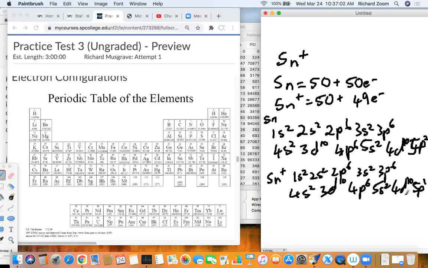What we would do is look only at this very last orbital, because all of these will have paired electrons up to that point. So all we have to do is really just do the 5p1 and see what we have. Now p is going to have three orbitals in it, and there's only one electron, so it'll look like that. So this would have one unpaired electron.